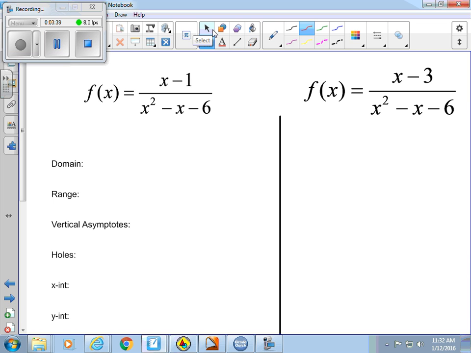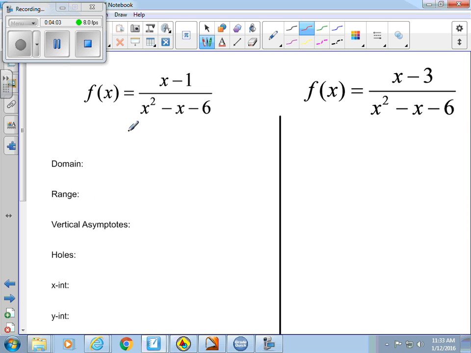I have a couple examples here we're going to walk through. We're going to graph as much as we can in the next 20 minutes. And I put these side by side for a reason, because I like the comparison of the 2. To answer domain, what's the first thing I need to do?